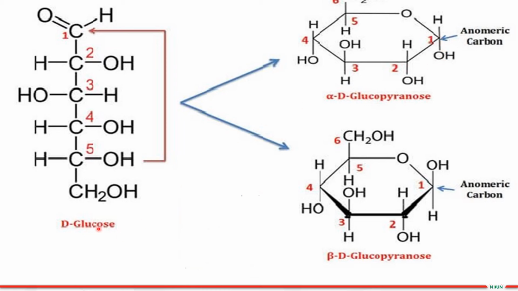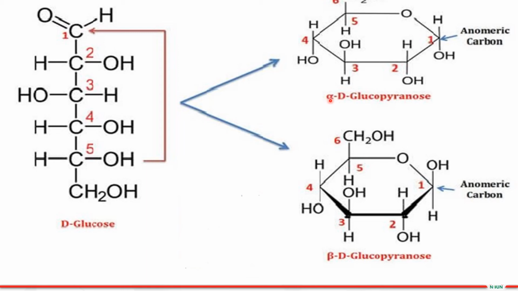D because it came from a D glucose, and then pyra because it is a six-sided shape, then nose because it's a sugar.